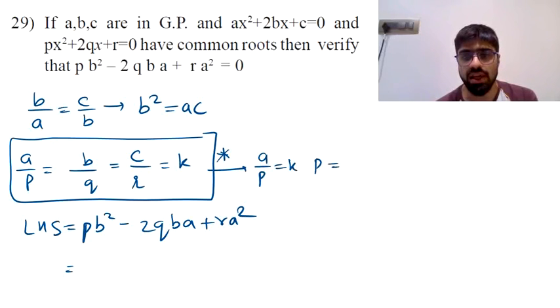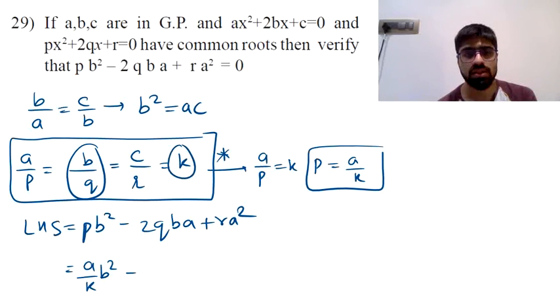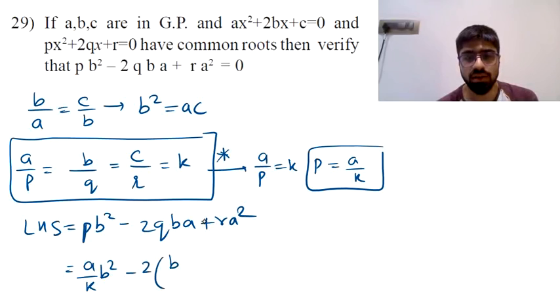So we can write p as a upon k. So we have a upon k into b square minus, similarly we can write q as, see b by q is equal to k. So q will be b upon k. So we are writing q as b upon k, plus we can write r as c upon k.